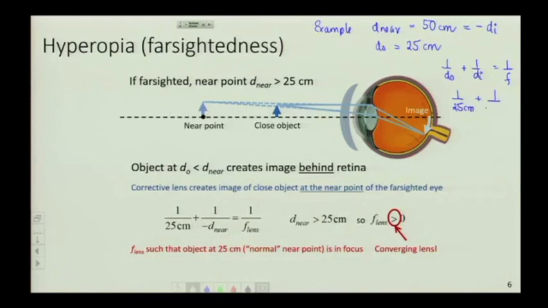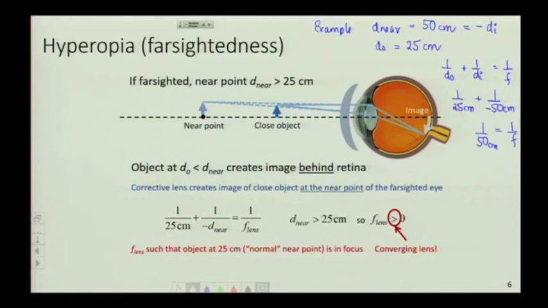Remember, image distance is negative 50 centimeters. So what is 1 over f going to be equal to? What is 1 over 25 minus 1 over 50? 1 over 50, right? Because you can write 1 over 25 as 2 over 50. So it's 2 over 50 minus 1 over 50, or 1 over 50.